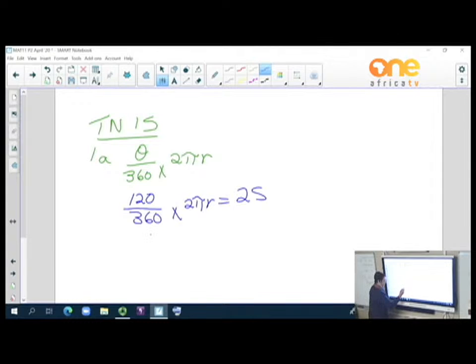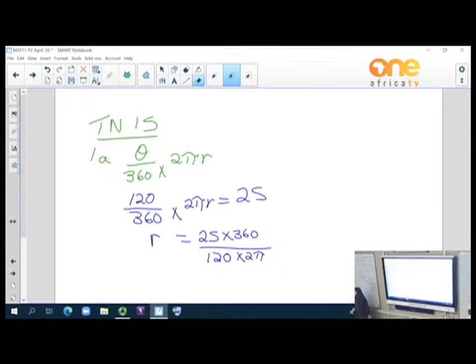I want r, which means I'm going to multiply by 360, because here you are dividing by 360. Here we are multiplying, so now we are dividing by 120 times 2 pi. So it's about opposite operations to get that length out.